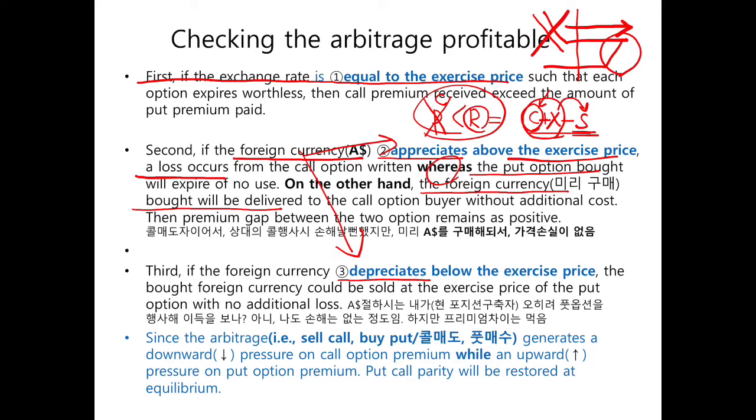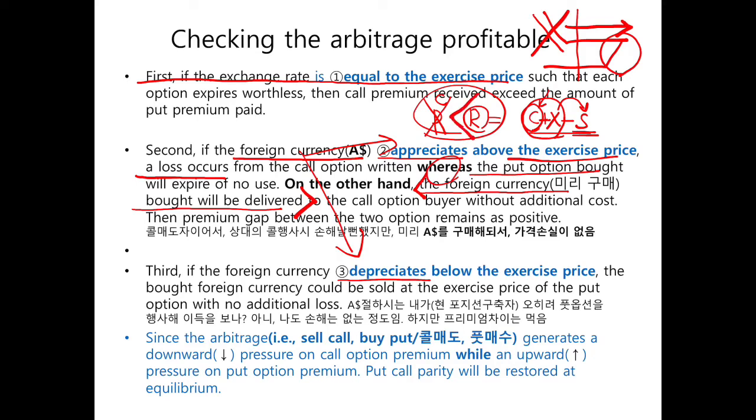Once the exercise is required, you would have to go to the market and purchase the underlying asset at a higher price, but you already stocked the Australian dollar in advance. So actually there is no loss to you, even after the call option is exercised by the holder, right? So there is no additional loss.